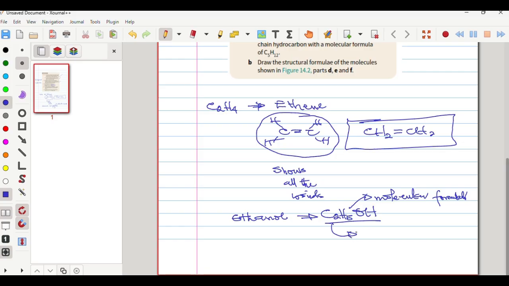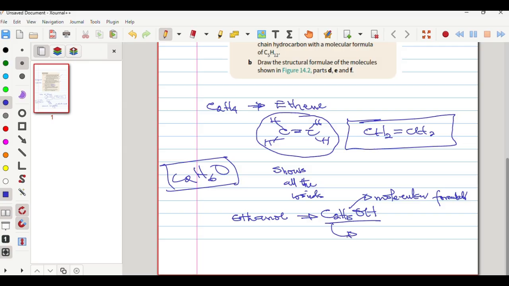So if you want to see how this bonds together, it is also C2H6O. This is the same thing. This is also the empirical formula because it is C2H6O, right? We cannot go further down. Yes, sir.